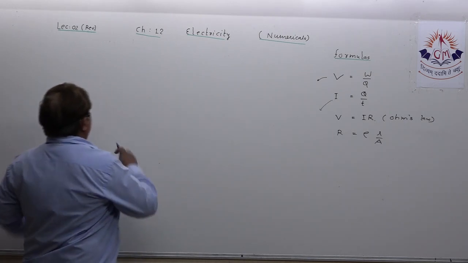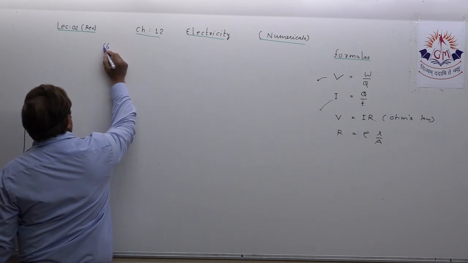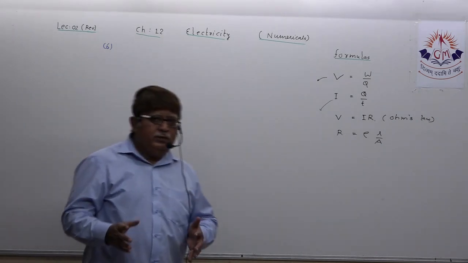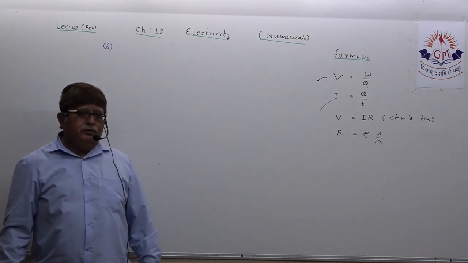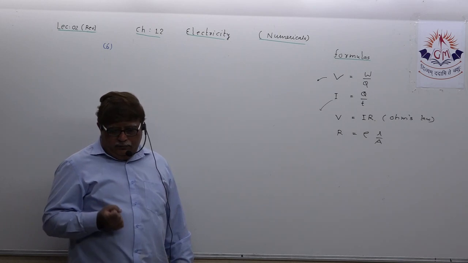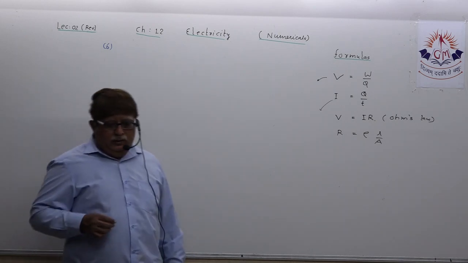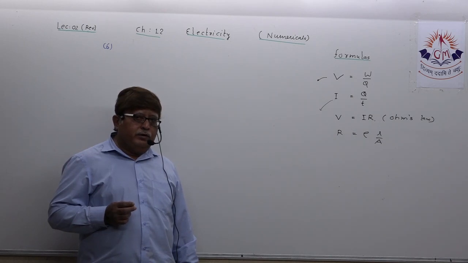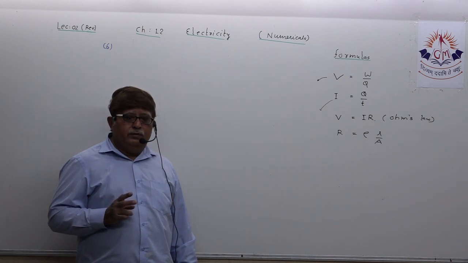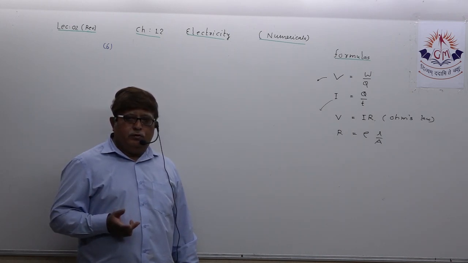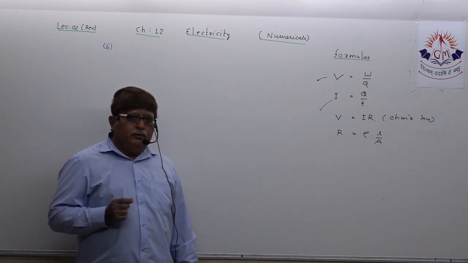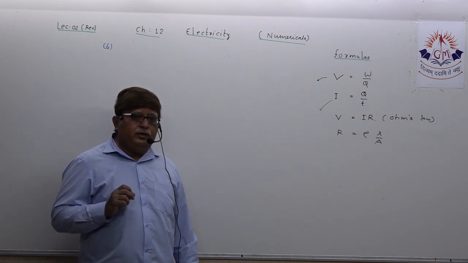Before I solve the numerical, I am giving you a little 1 minute to think on this. Current has been given, 64 milliampere, and you are also given time. Two data have been given, current flowing through the torch and time.